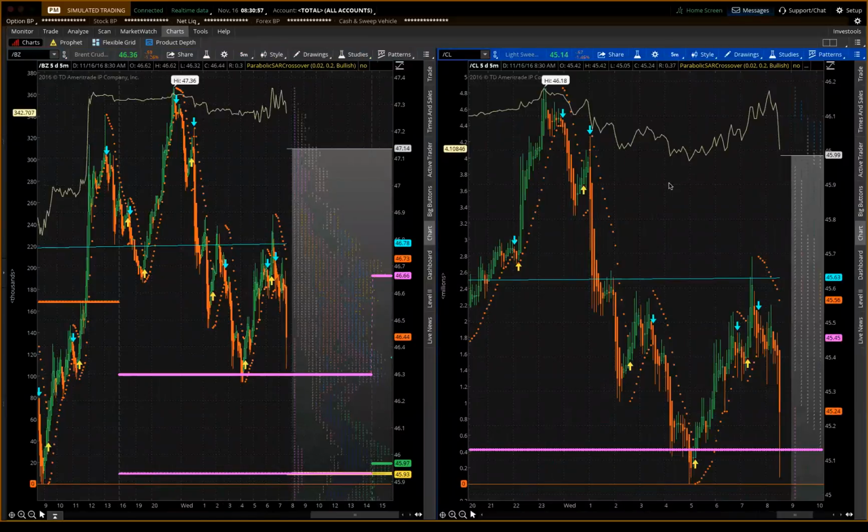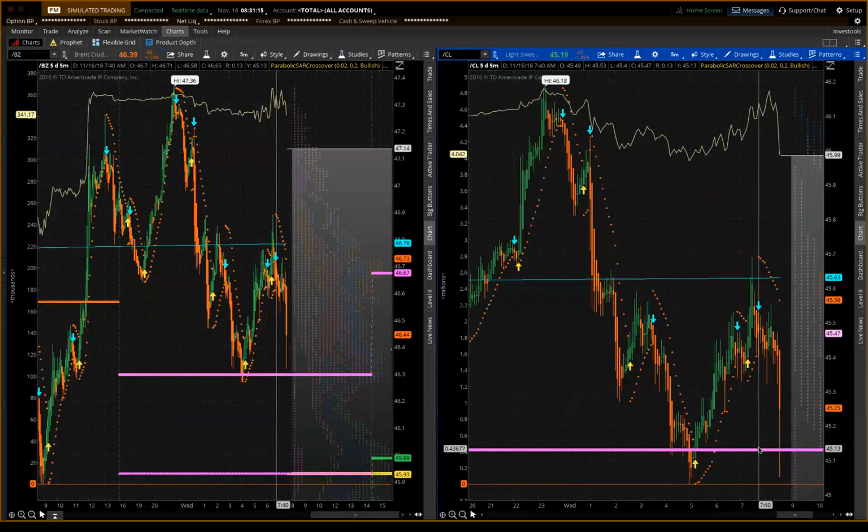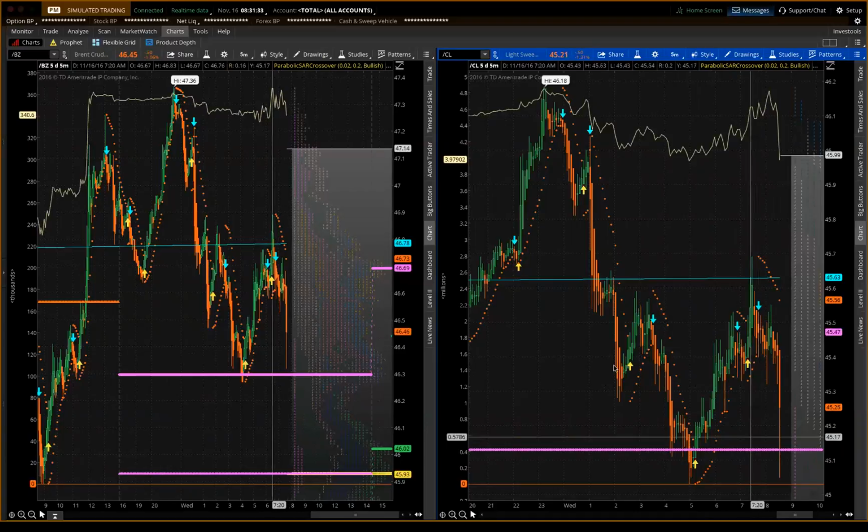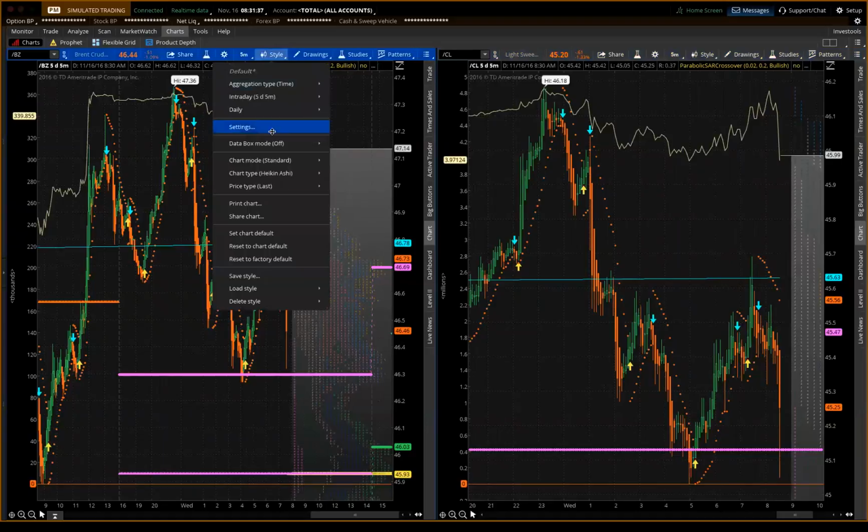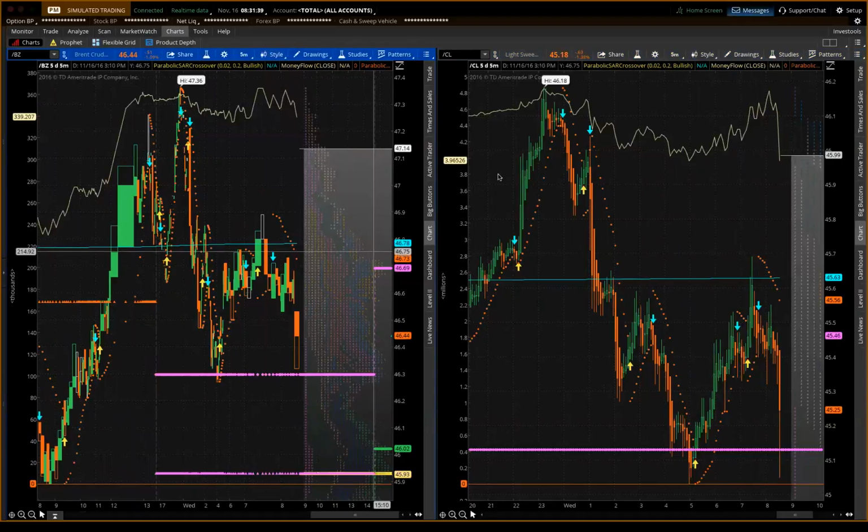All right. Back into a pivot area here. Alrighty. Fat bars. Back to equivolume.